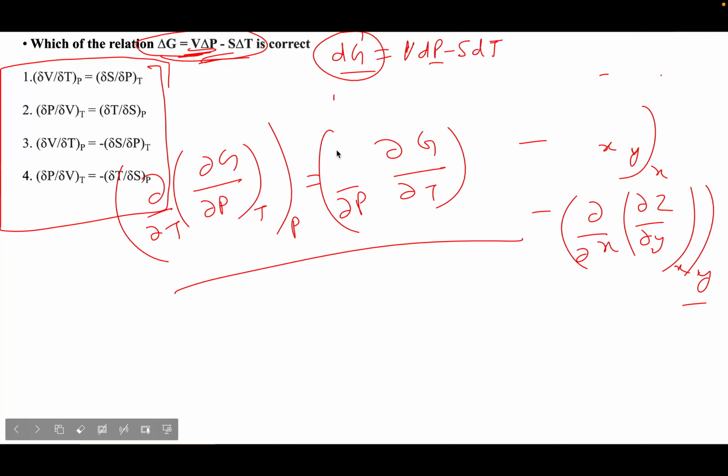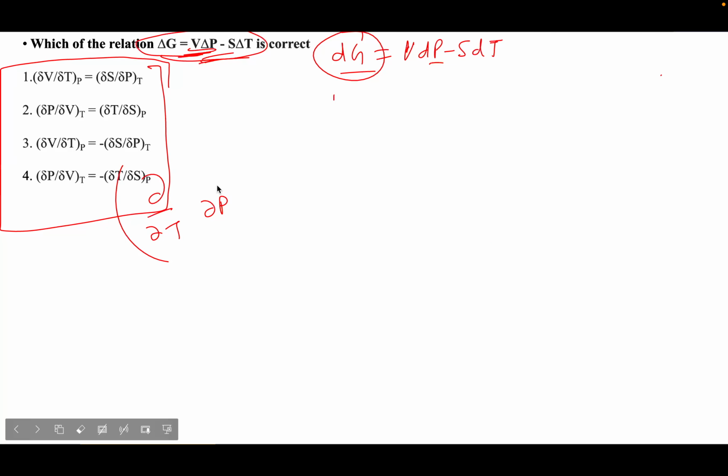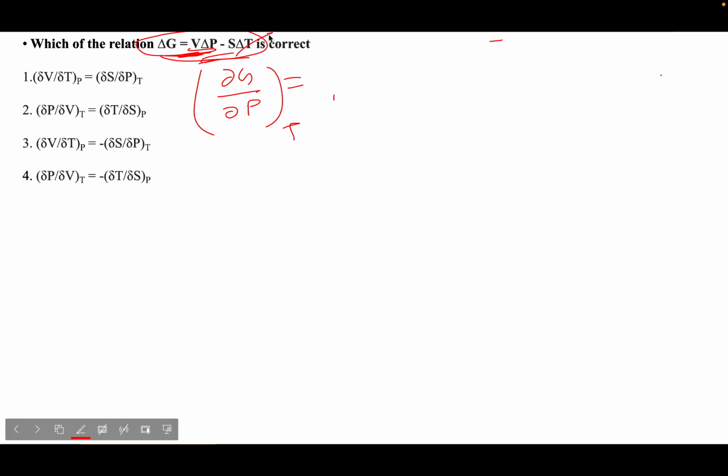So we will solve it one by one. Now first let's say we are solving del G by del P. With this relation at constant temperature, dT will be 0, so this term will be 0.